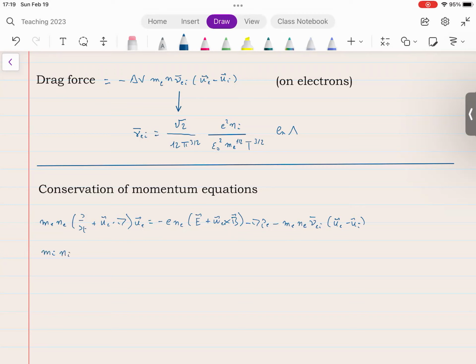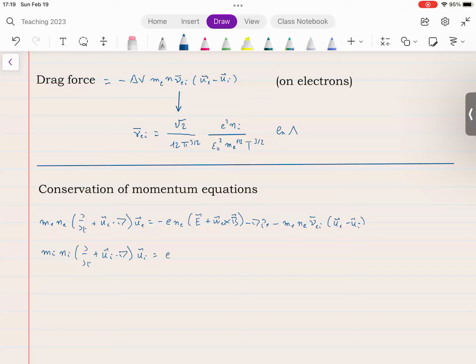And for the ions, we have a similar equation where we just replace the subscript e with the subscript i, and we replace minus e with e, the charge of the ions. Here it is.